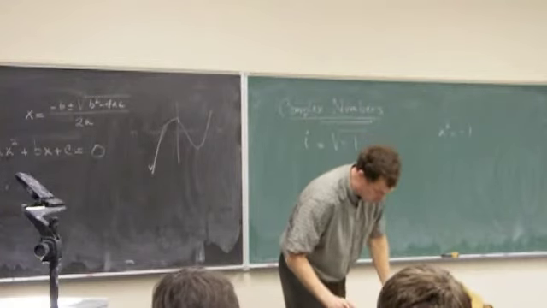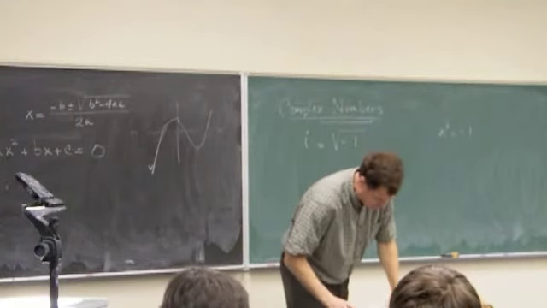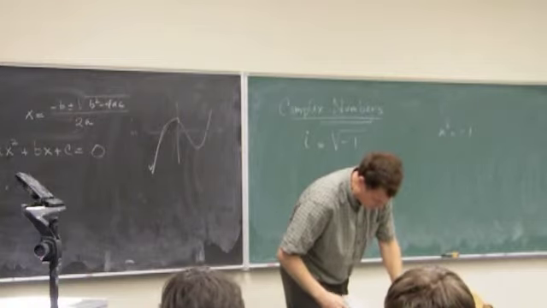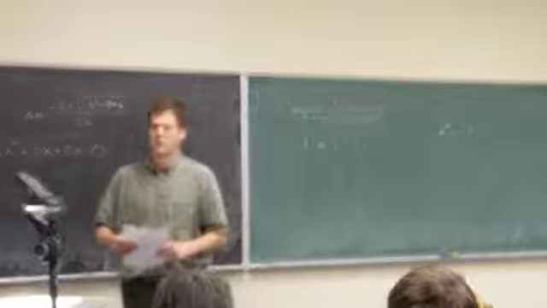Fine, that's cool. Next problem was, well, where do I put it? Where do I put i? If you think about it, you can't really have i be a negative number, and you can't really have i be a positive number.